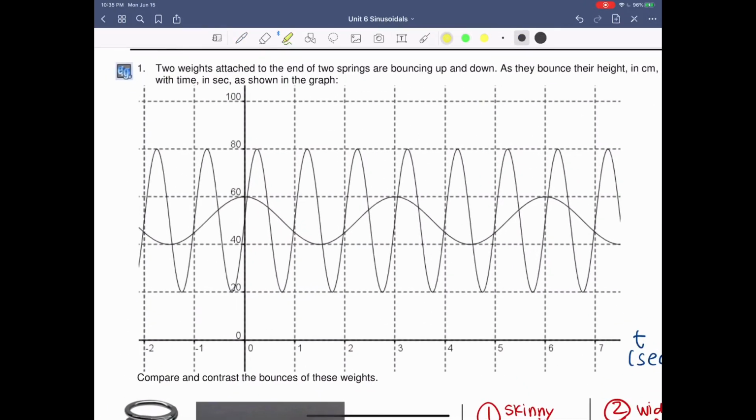So for example, this graph has a single cycle that ends here. It resembles a sinusoidal because it starts here at the axis, goes up, and then comes back at the axis. So this graph has a max at 80 and a min at 20.